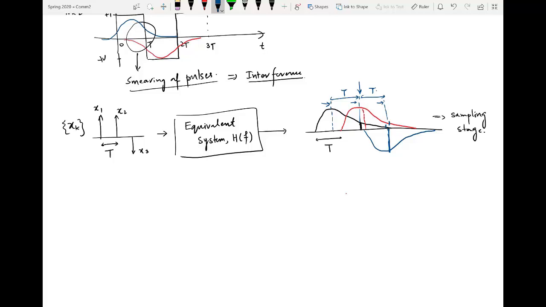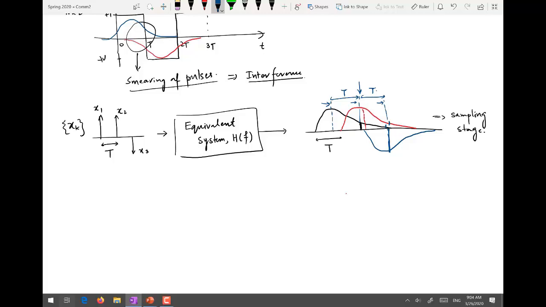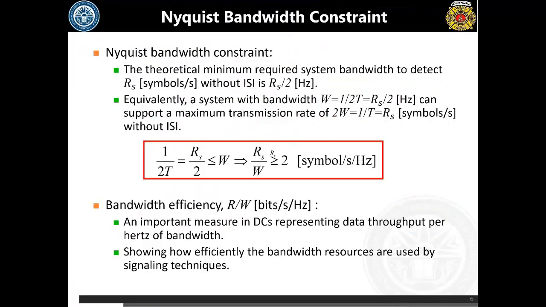We are only concerned with what is happening at the sampling instant. So if we design a filter which at least mitigates intersymbol interference at the sampling instants, then our problem may be resolved. And the resolution of this problem was proposed by Nyquist.